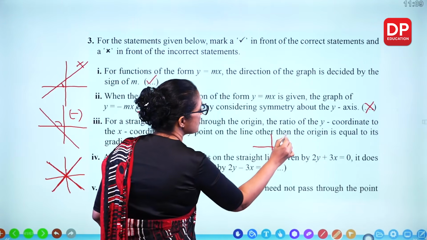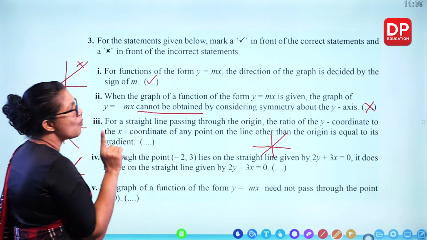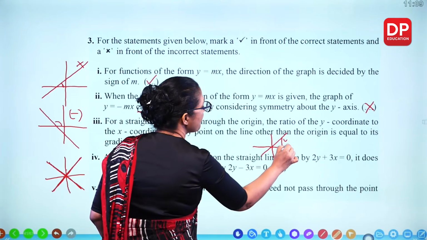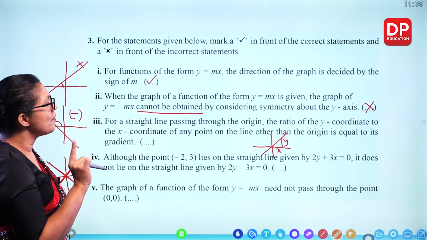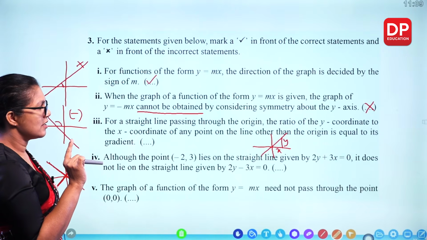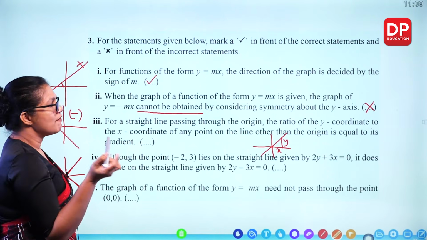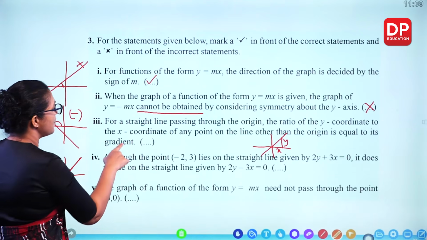The graph is passing through the origin, and the ratio of the y coordinate and the x coordinate of any point on the line other than the origin, yes, 0 divided by 0 you can't take, is equal to its gradient.